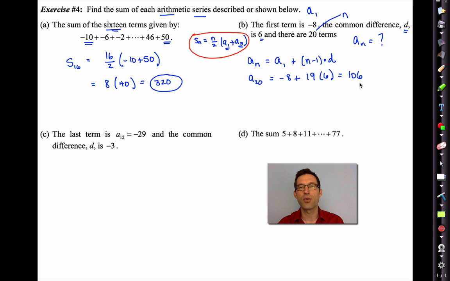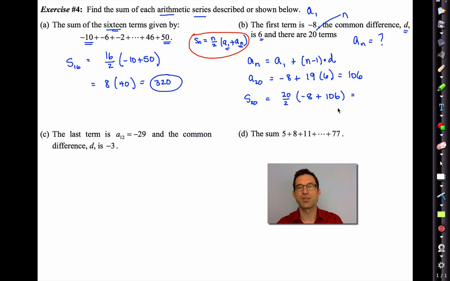And that's all we needed, right? We need our first term, we need the number of terms, and we need our last term. And now we can say that the 20th sum is the number of terms divided by 2, 10 pairs, times the first term, which is -8, plus the last term, which is 106.